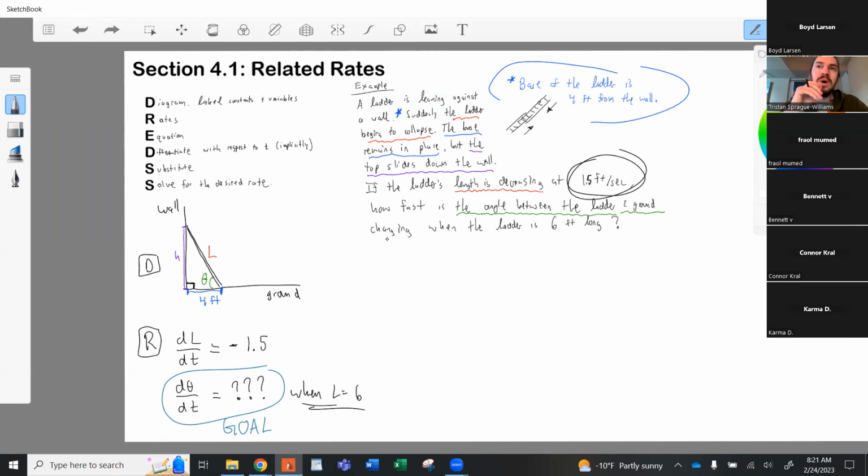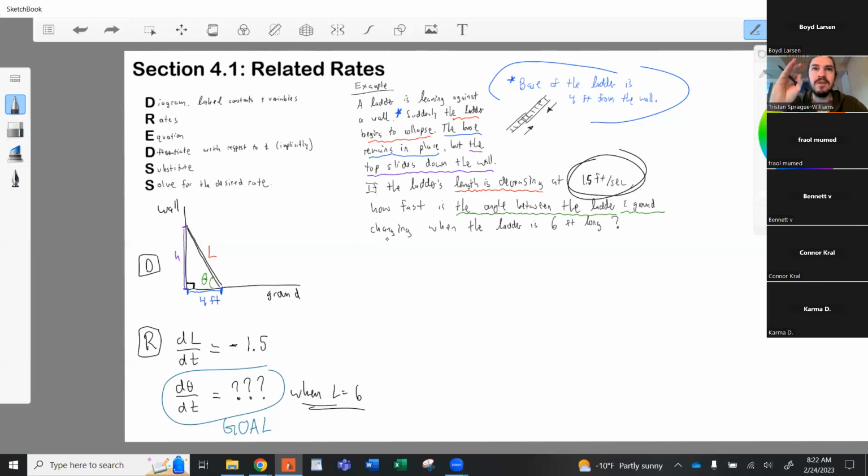But we do want to consider whether we should expect our answer to be positive or negative. Based on your physical intuition here, do you think that theta is going to be getting smaller or getting bigger? We have a situation in motion as the ladder slides down the wall.